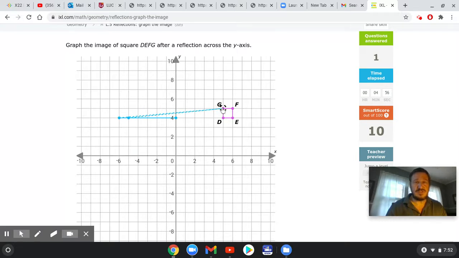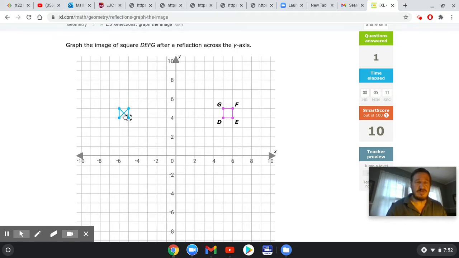We look at G here. We can line these up and say that one should be there. Then take F and also line it up over here, and that should be the answer.